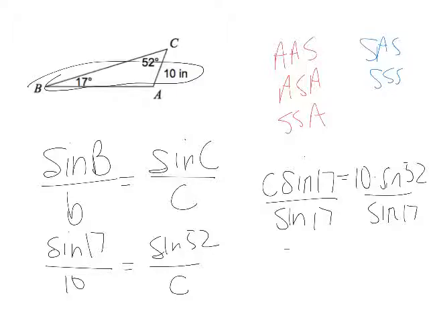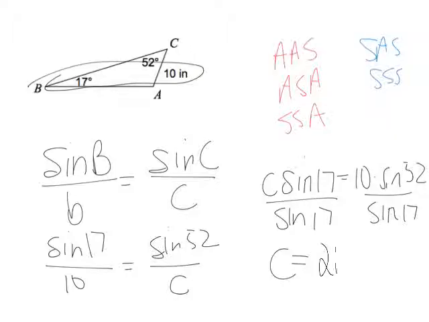As long as you're careful, you go straight to your calculator and plug it in, and you get 26.95. Normally we go side lengths to the nearest tenth and angles to the nearest degree. So technically we round the 5 up, and we get 27. All right, so that's C.